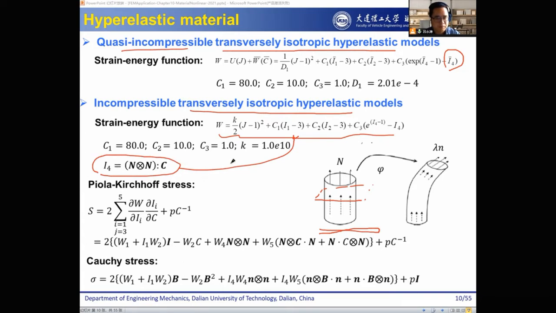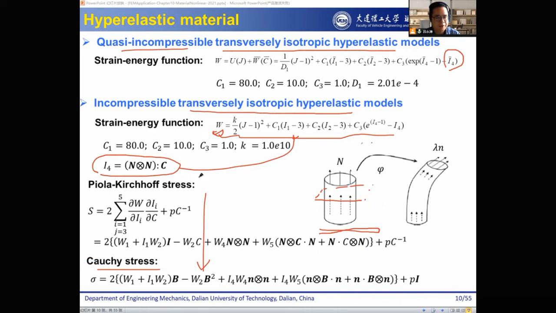And we said for the hyperelastic material, the stress-strain, or the constitutive relationship, is derived from the strain energy function. So once we write out the strain energy density, we follow the standard procedure to work out the stress and strain relationship.